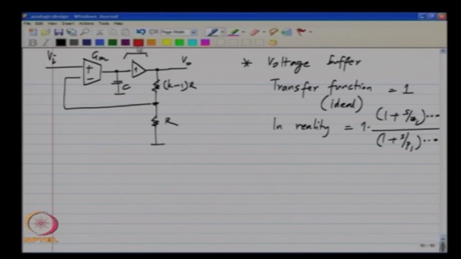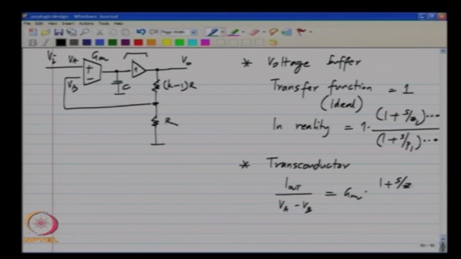Similarly, the transconductor has its I out by V in, where V in refers to the difference voltage V A minus V B. This is V A and that is V B. So, I out by V A minus V B should be a real number G M, but what can happen is, depending on how complicated a circuit you use to realize the transconductor, this could also have extra poles and zeros.